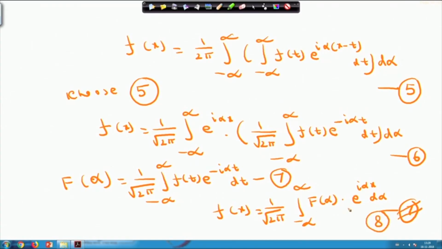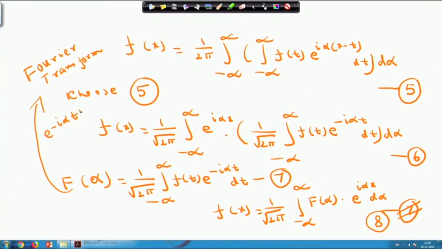This is equation 8, and if this integral exists, then this integral F(alpha) equals 1 by root 2 pi, minus infinity to infinity f(t) e^(-iαt) dt, this one we call the Fourier transform of the function f(t), and here your kernel obviously is e^(-iαt).